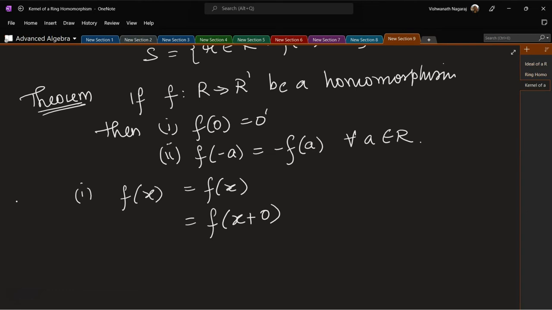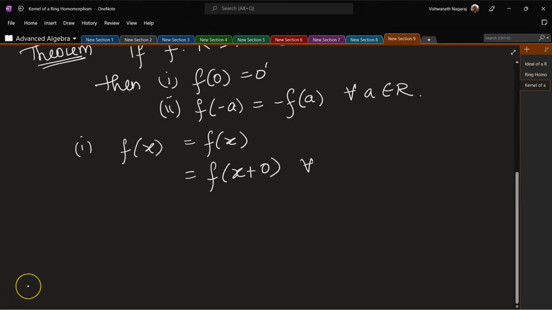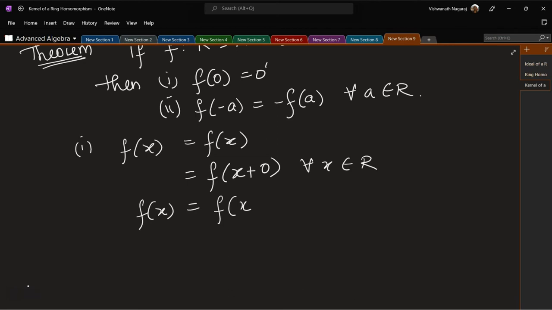Where x is from R, 0 is from R, for all x belonging to R. Now, due to homomorphism, we can say f of x is equal to f of x plus f of 0. This we can split like this. So here x belongs to R, and 0 belongs to R.